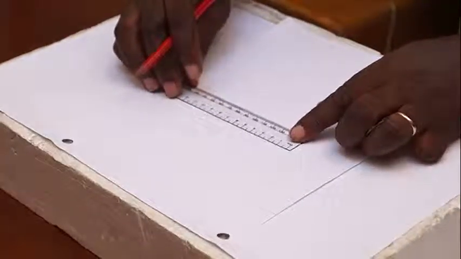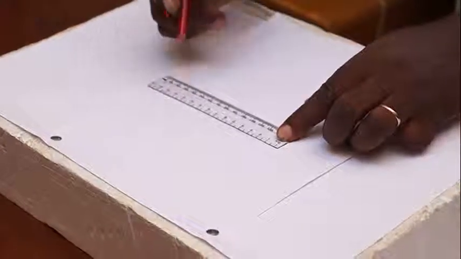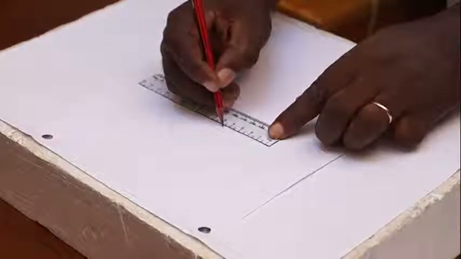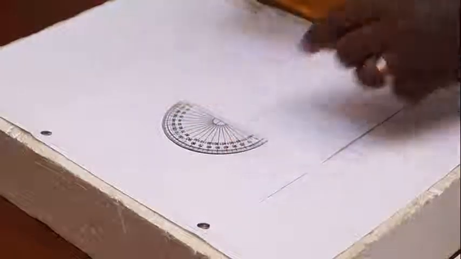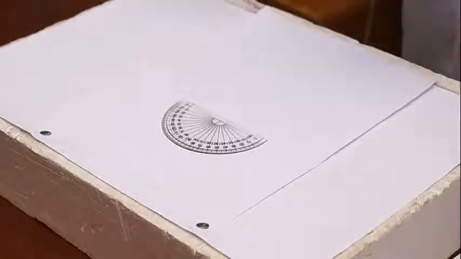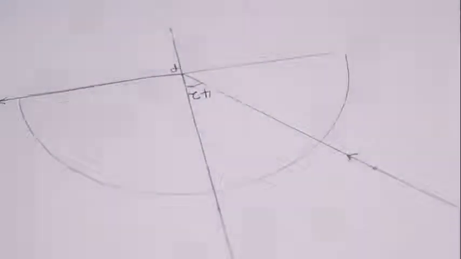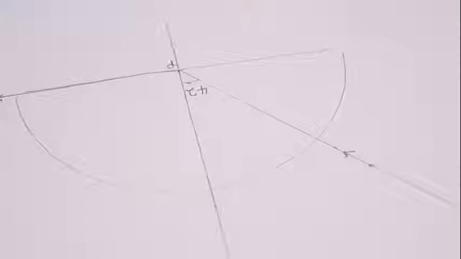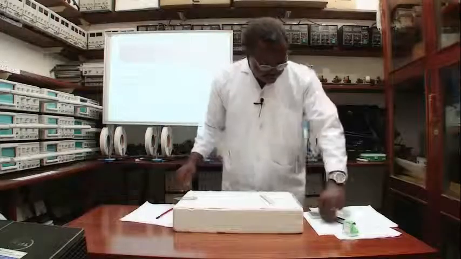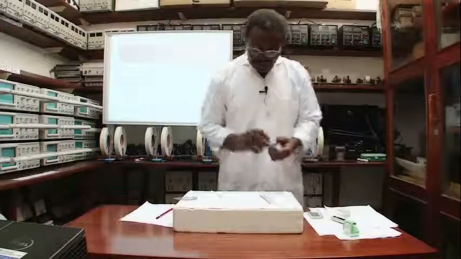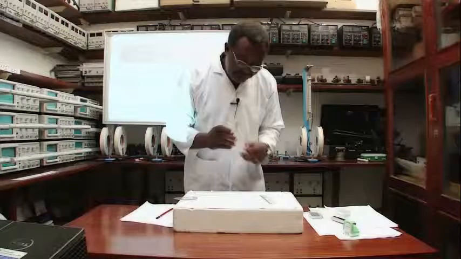Locate the center so as to draw a normal. Use a protractor to draw that normal. This time, measure the angle of incidence equal to 42 degrees. Then, stick the two pins on that line of incidence.